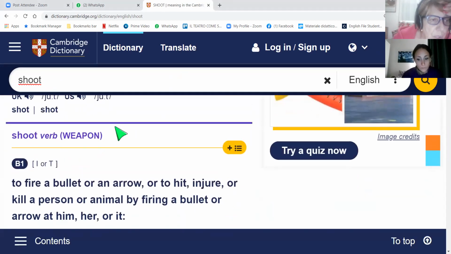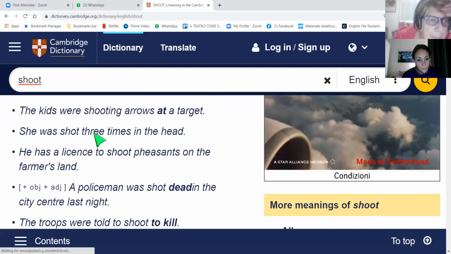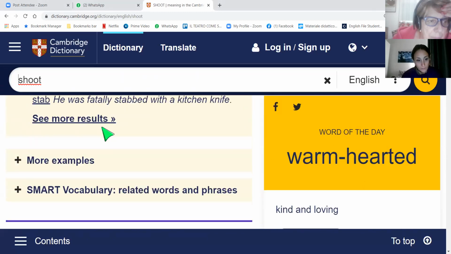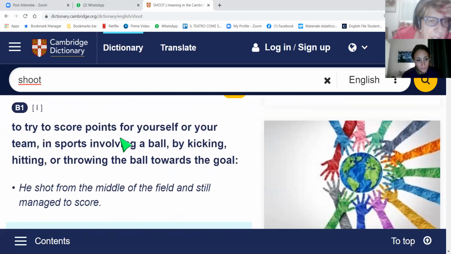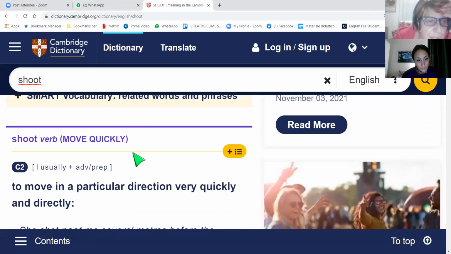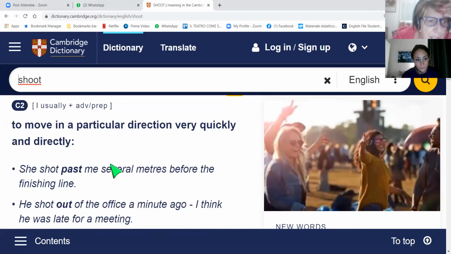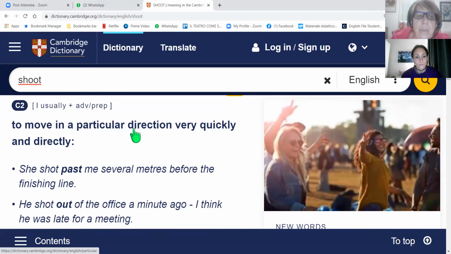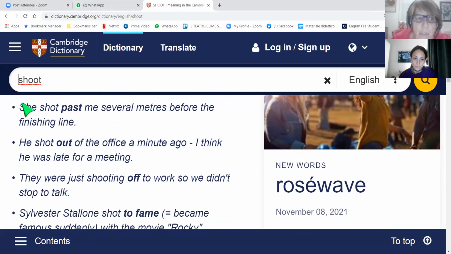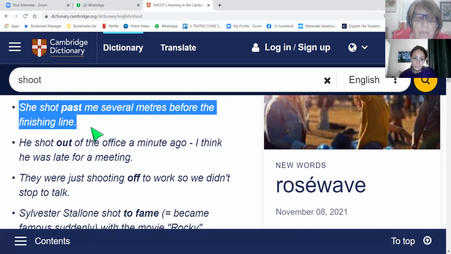Okay, so you got shoot as a verb. I hope they got it, because sometimes they don't have all. Okay, found it. To move in a particular direction very quickly and directly. She should pass me several meters before the finishing line.